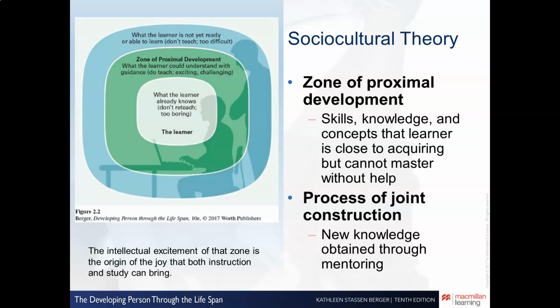And a lot of instructors, a lot of teachers, that's what they do. They say, okay, well, my students are capable of learning this, but they're going to need a little bit of coaching, a little bit of mentorship, in getting them to that next level. So that is called the zone of proximal development.